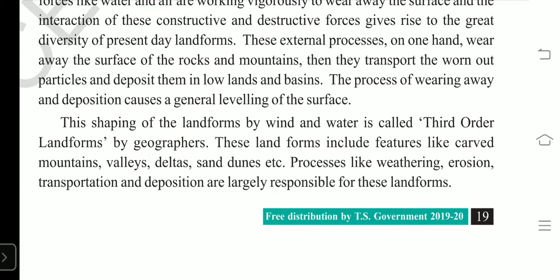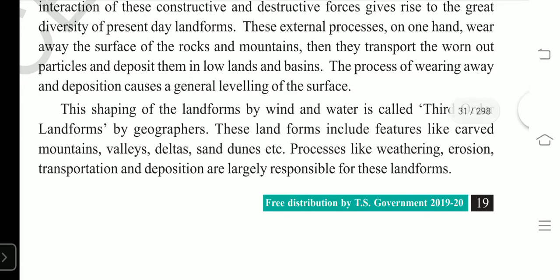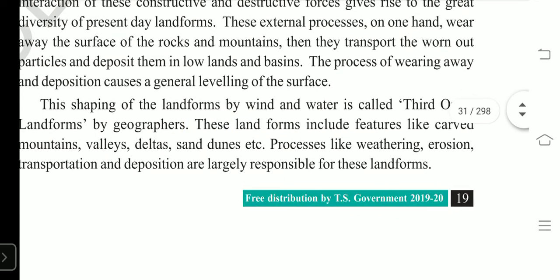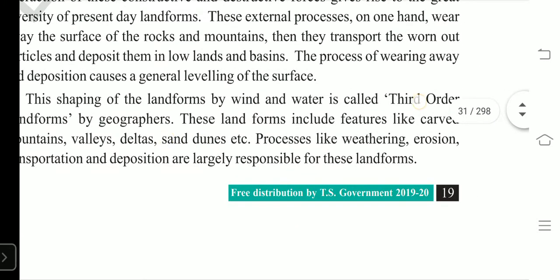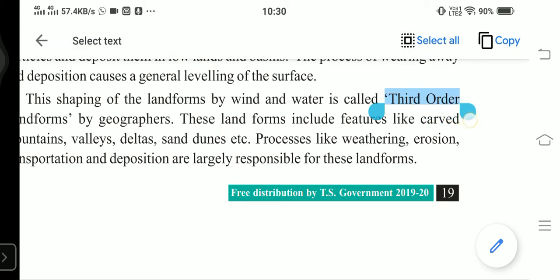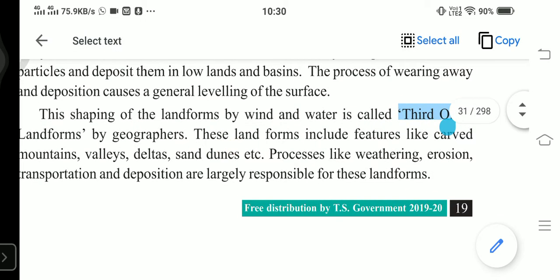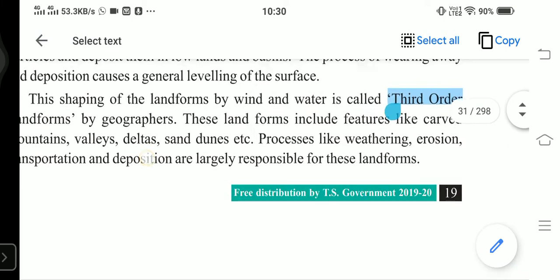So when wind and water work on these existing landforms and bring a change, whatever landforms come to form after the wind and water action, those lands are called third order of landforms. Here, clear? I have selected the text, my dear students. Look at this. Third order of landforms.